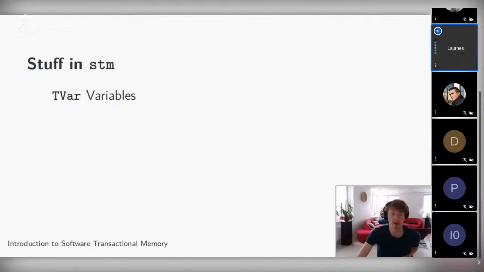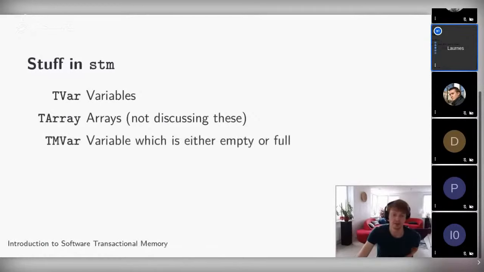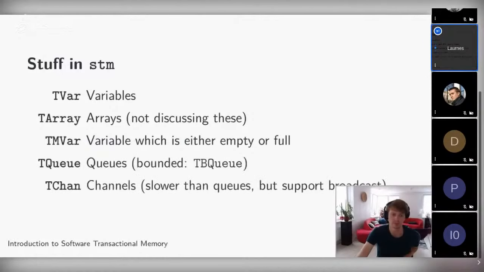So, some stuff in STM. The transactional variables that I mentioned actually require runtime support to work correctly. There's TArray for arrays. There's TMVar, which is a variable that is either empty or full. It's named this way because Haskell also has an MVar without the T. I'll get into what the difference is in a bit.